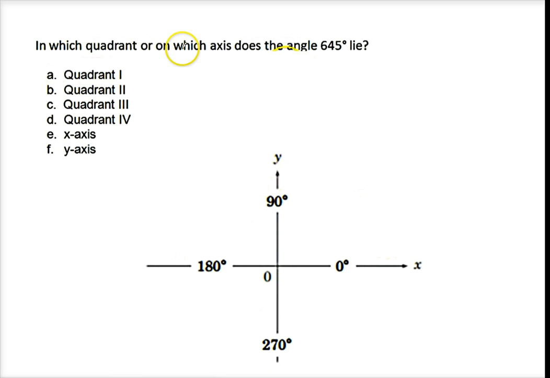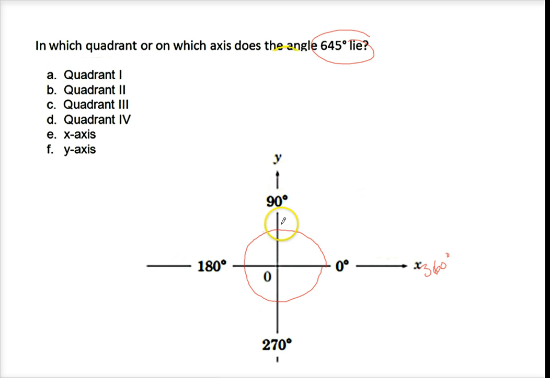What about this one? In which quadrant does the angle 645 lie? Well, what are we going to do now? Because our circle only goes to 360 degrees. How could we possibly have a 645 degree angle? Well, that means that it goes past a full circle and continues onward. So we would go one full circle, right? 360, right?